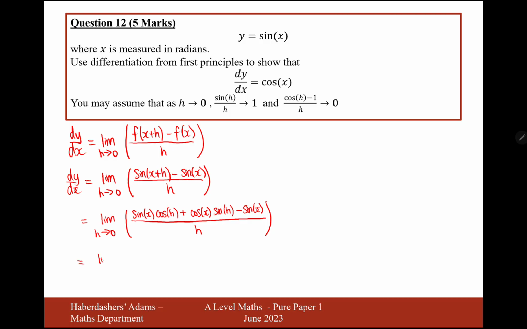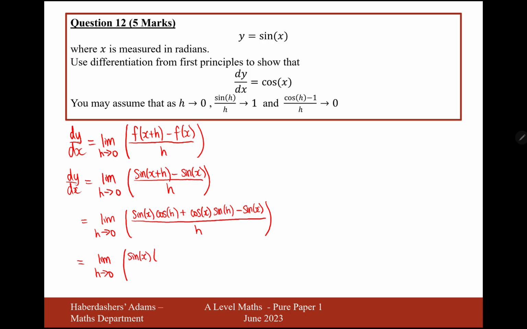Okay, in the next line, I'm going to split the first part and the third part into one fraction and the second part of the numerator into a second fraction. The reason I'm going to do that is the first term in the numerator and the third term in the numerator both have sine x in it, so I can factorize sine x.